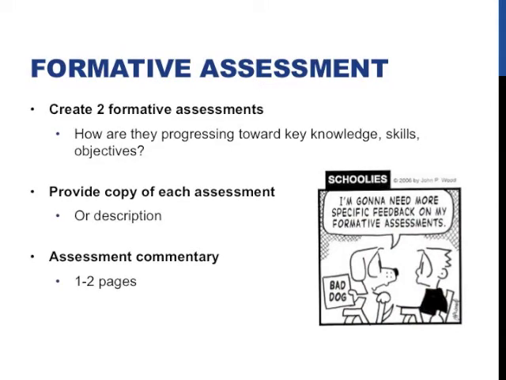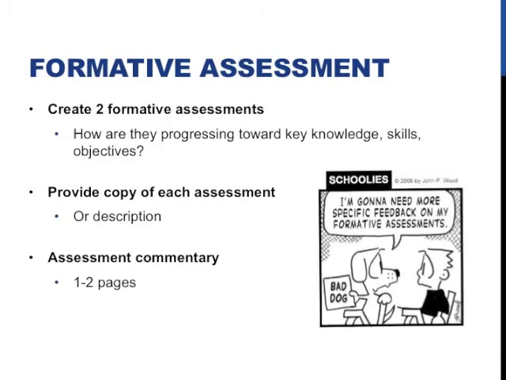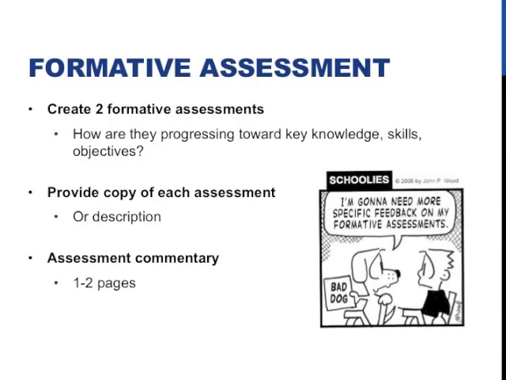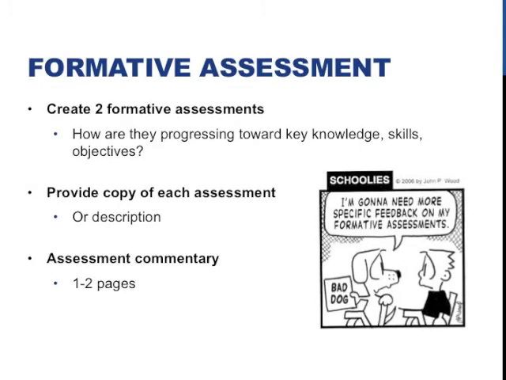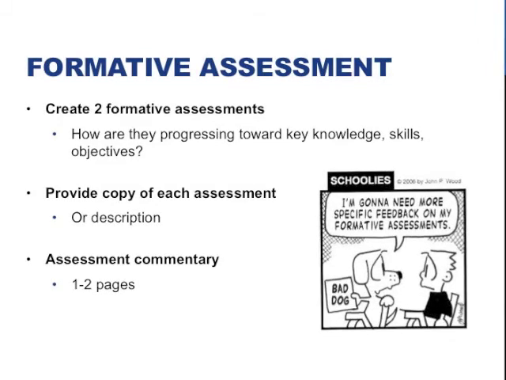Once you've identified what it is you want students to know and be able to do, you're going to think about how you will assess that. And this is what we've spent a great deal of our time on this semester, creating formative and summative assessments that give us that kind of information. So for this particular assessment plan, you'll need to create 2 formative assessments that help you and help your students know how they're doing along the way.